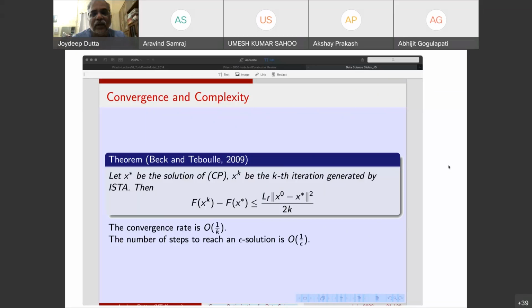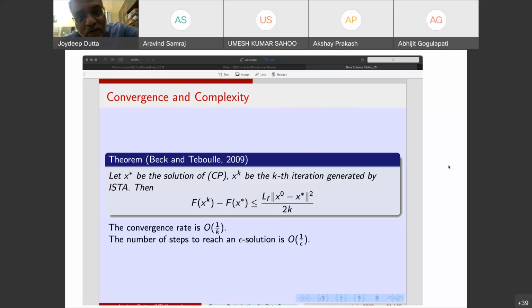So now you will observe as k goes to infinity, because x star is the solution, f(xk) minus f(x star) is greater than 0. As k goes to infinity, the right hand side actually goes to 0. So basically, because of the sandwich, f(xk) actually goes to f(x star). This is very important. I don't generate a sequence xk going to x star. I generate a sequence xk so that f(xk) goes to f(x star).